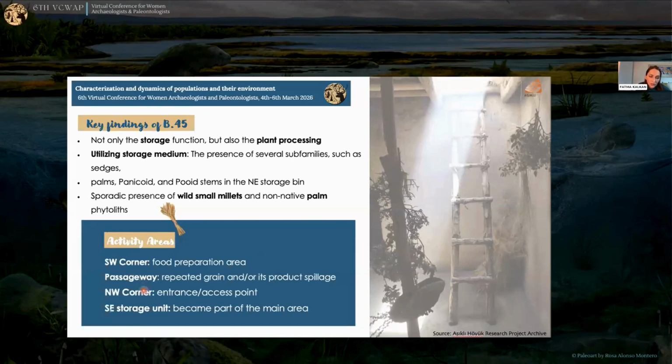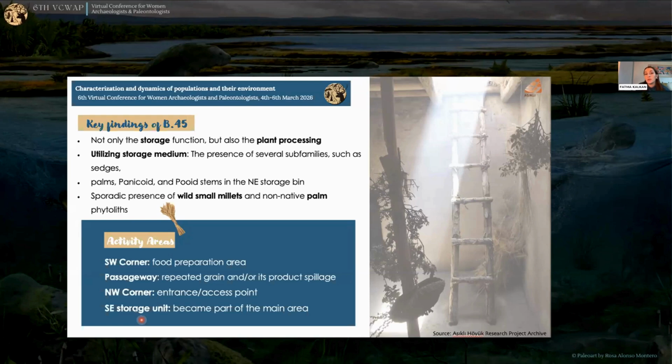According to integrated data, distinct activity areas are evident. The southwestern corner served as a food preparation zone with an actively used threshold that reflects repeated plant circulation and grain storage or its product. The northwestern corner was a high-traffic access point characterized by chemical depletion for certain elements and limited use due to the leather placement there.